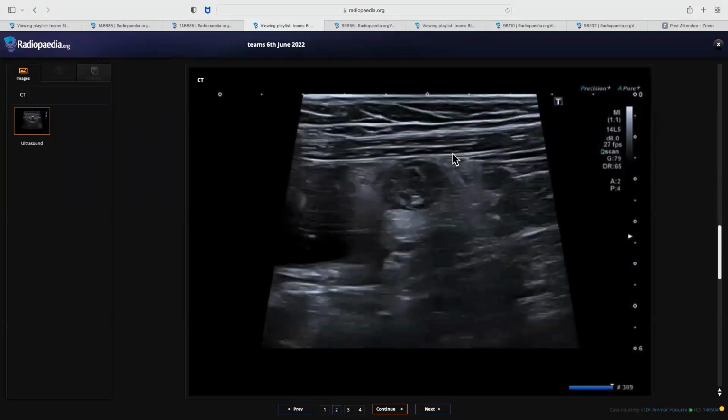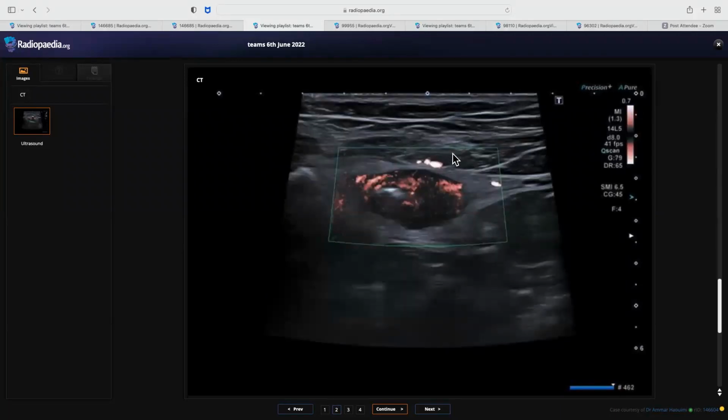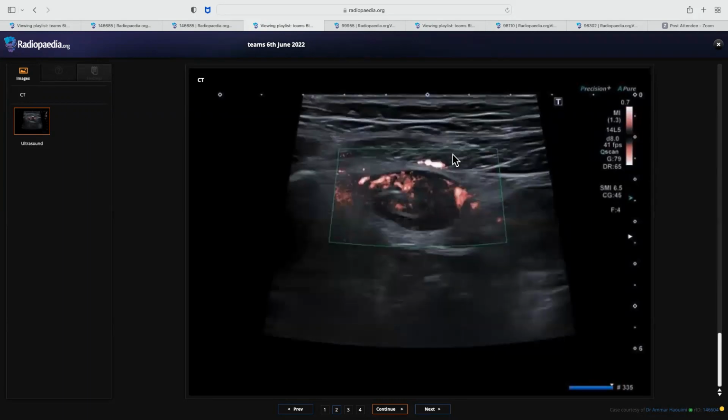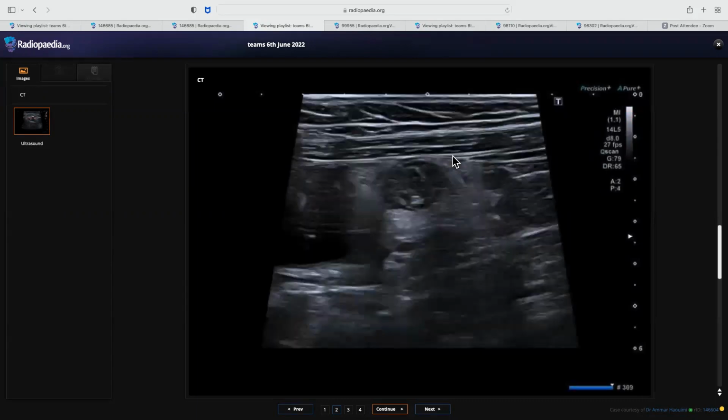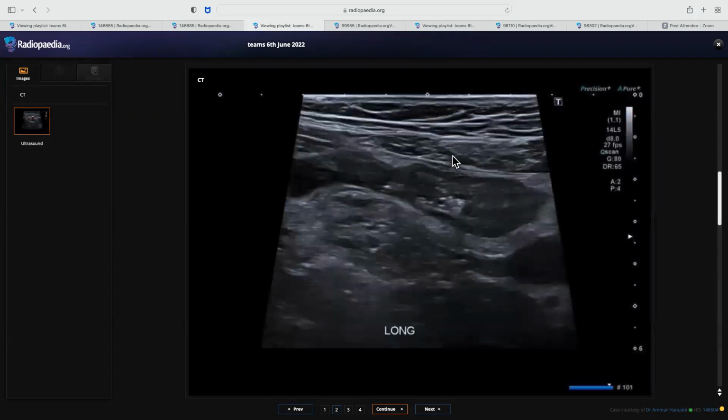So I've been provided with selected ultrasound images of the right lower abdomen, both longitudinal and transverse sections.